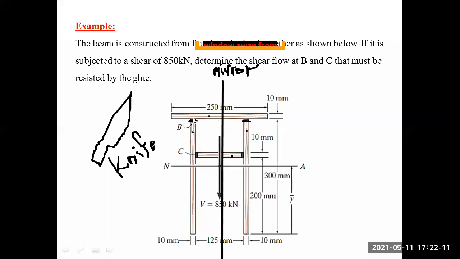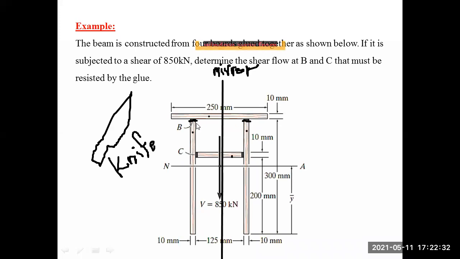Do we agree on that? If we cut it at B and the mirror cuts the opposite side, at the points where the member is connected to the rest of the beam, do you agree that this part would get disconnected if I cut it at these two points?